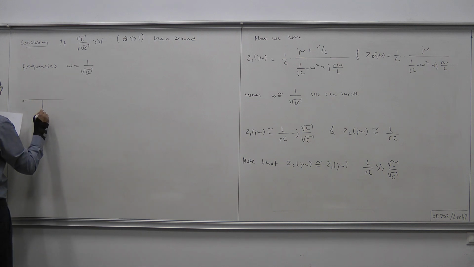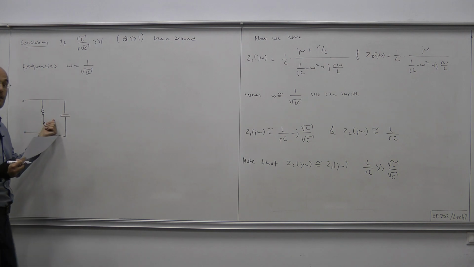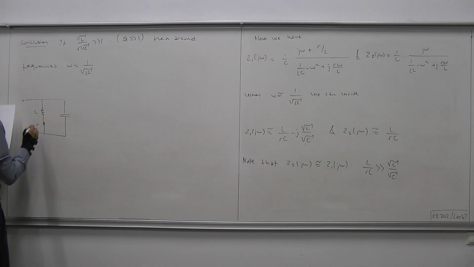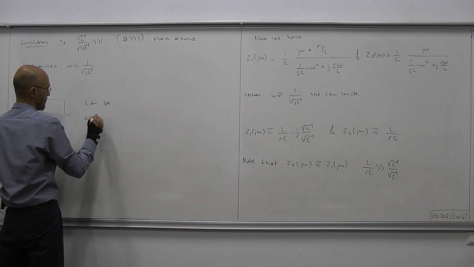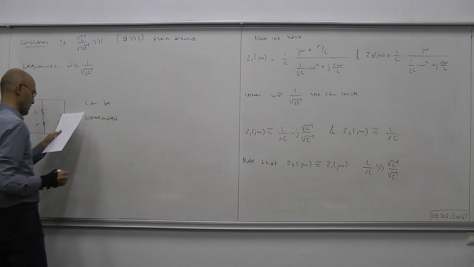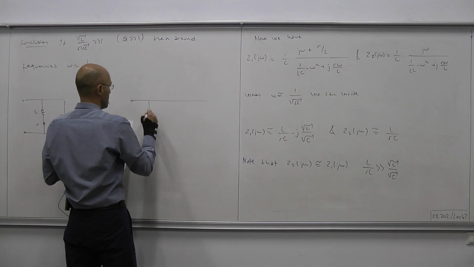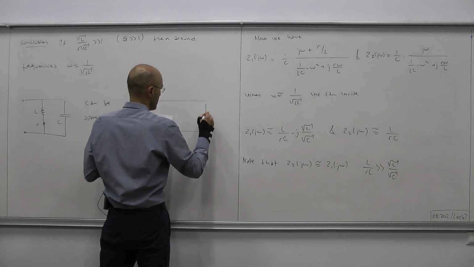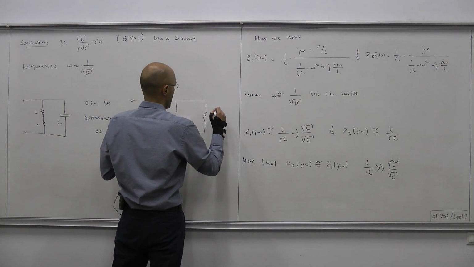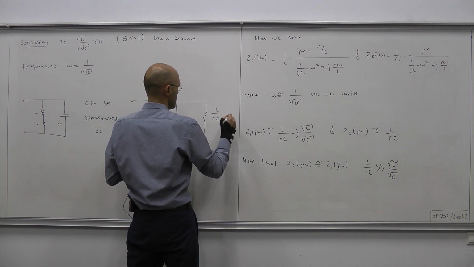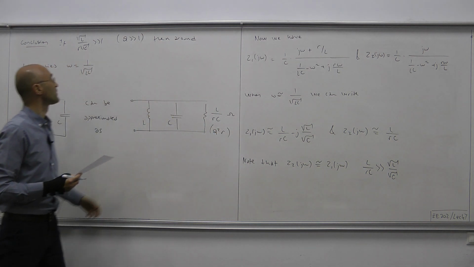This non-ideal LC one port can be approximated by the following parallel RLC, where R is L over RC, or Q squared times R, where Q is this thing.